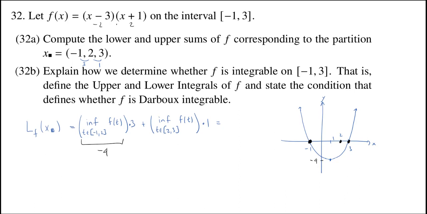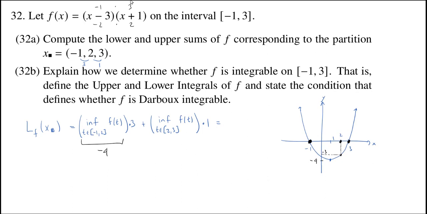And of course, I'll multiply that by 3. Now when I move over to the interval 2 to 3, the infimum is going to occur, it looks like, yep, when x is equal to 2. And what is that value? So let's see, when x is 2, I get 2 minus 3 is -1, and 2 plus 1 is 3. -1 times 3 is -3.